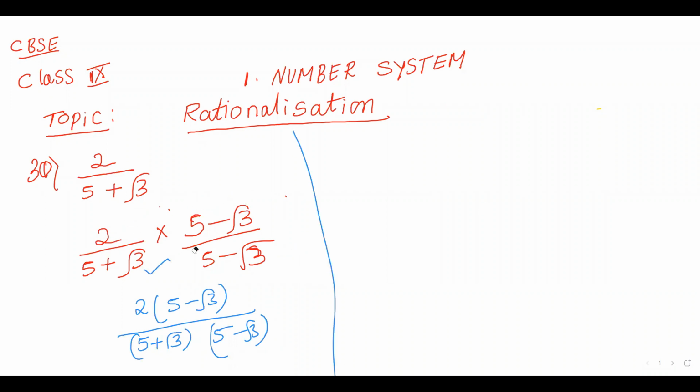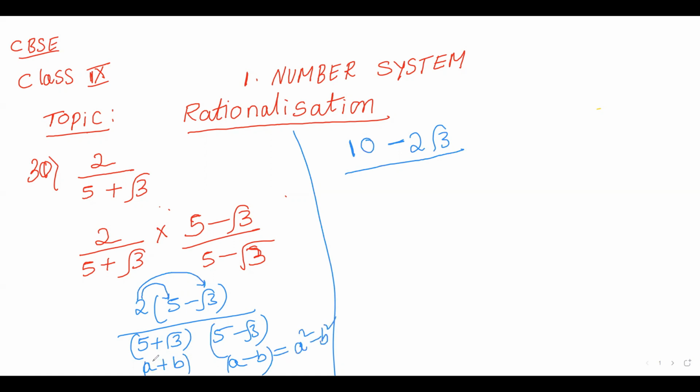Now try to multiply, 2 5s are 10. 2 into root 3, 2 root 3. Formula: a plus b into a minus b is equal to a square minus b square.